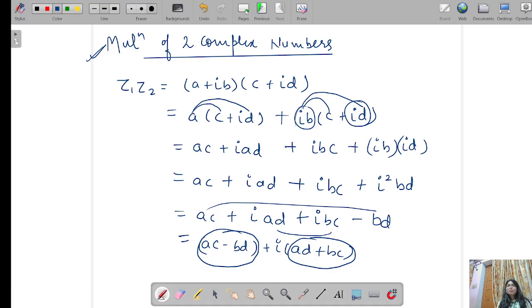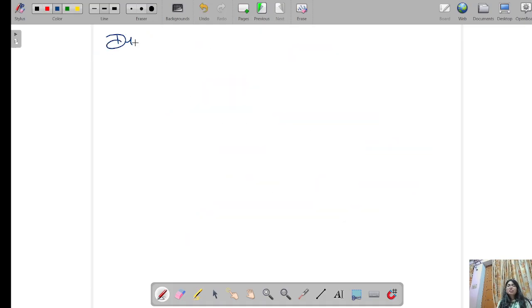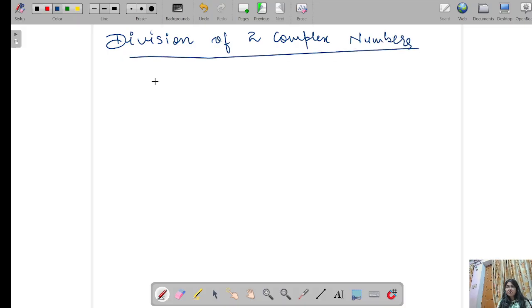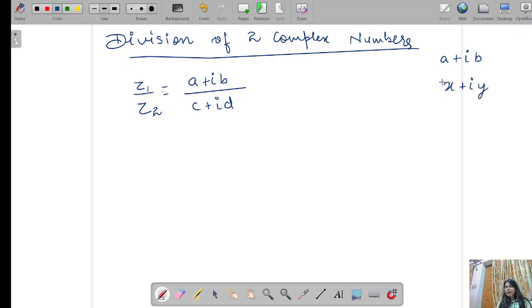Now next is the division of two complex numbers, z1 by z2. I'm putting the values of z1 as this and z2 as this. Now, I know the standard form of a complex number is a plus iota b, or x plus iota y, whatever I can say.